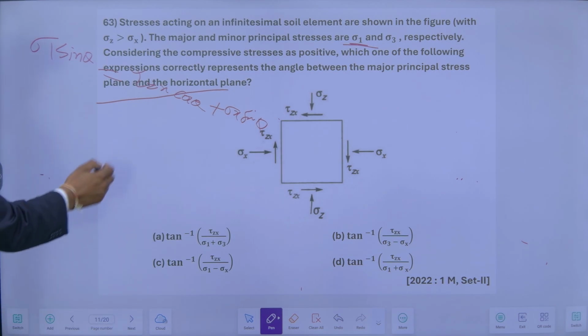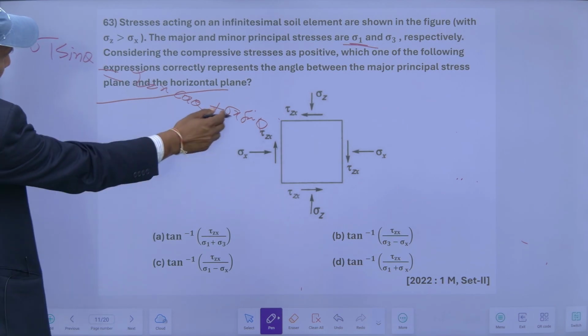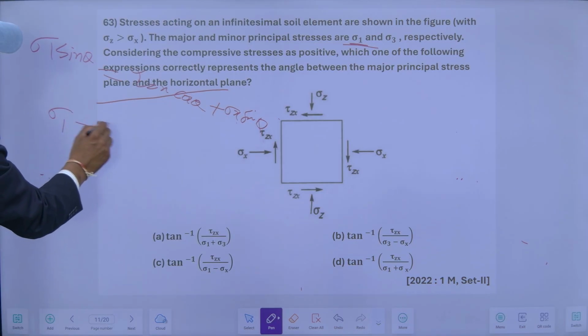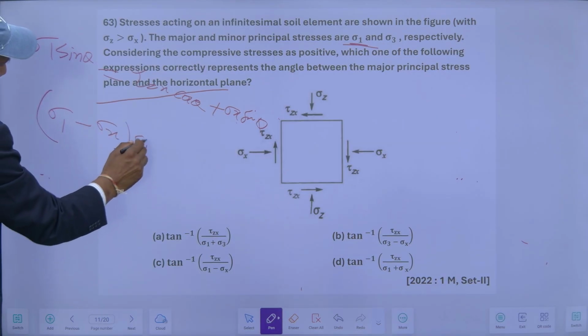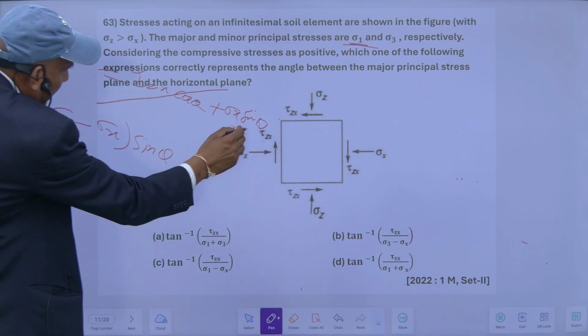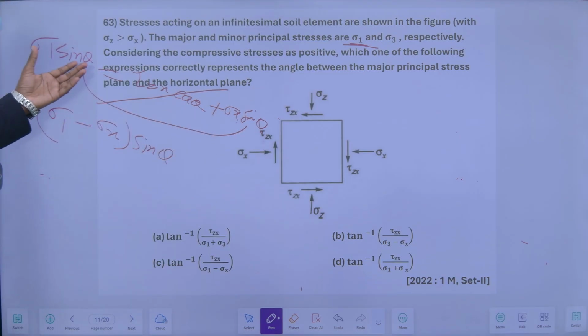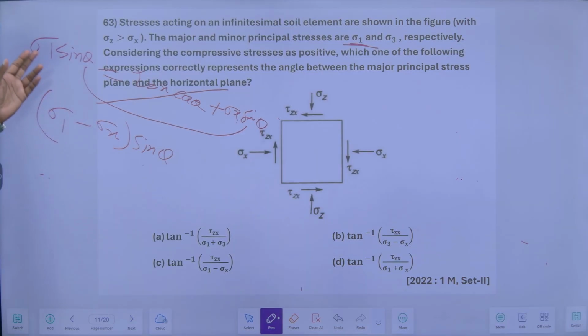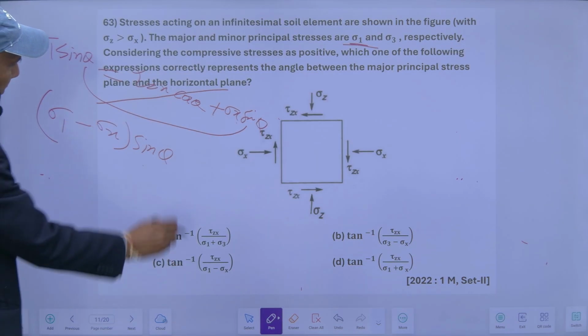So from this equation, if I take this here, then it will be sigma 1 minus sigma x into sin theta. If I take on this side, it will be sigma 1 sin theta minus sigma x sin theta, sin theta I have taken common. So sigma 1 minus sigma x will be this one.